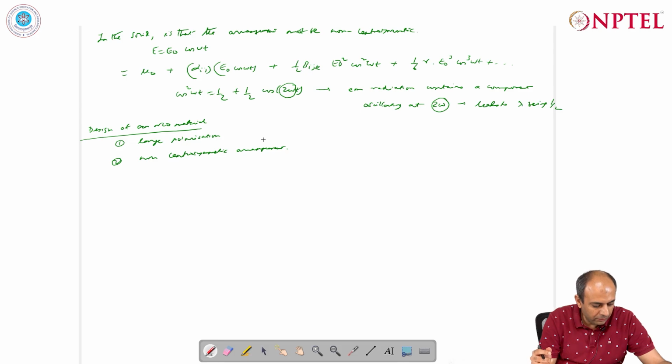And there are different ways in which this NLO response has been achieved, and people have tried to design systems which exhibit marked polarization.